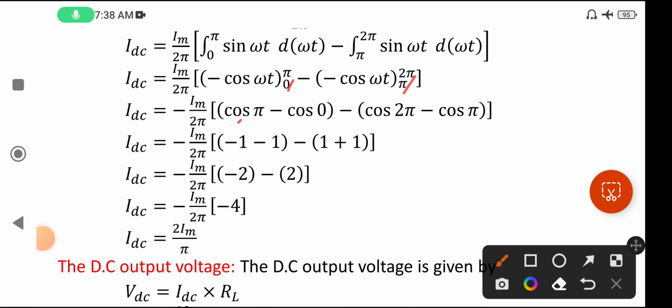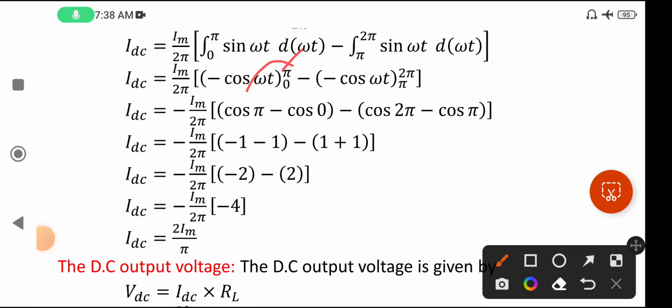Substitute the limits 0 to pi in the first and pi to 2 pi in the second, subtracting. But before that, take the minus outside. If you take these two minuses outside, then here a minus remains, because we are not taking this minus outside, so it stays as it is. Now substitute the values.